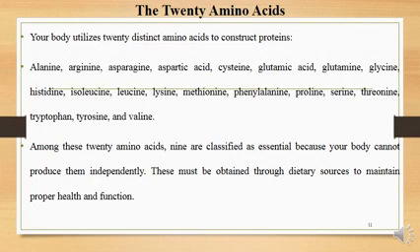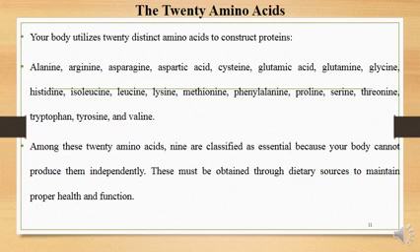We have the 20 amino acids. Your body utilizes 20 distinct amino acids to construct proteins. We have alanine, arginine, aspartic acid, cysteine, glutamic acid, glutamine, glycine, histidine, isoleucine, leucine, lysine, methionine, phenylalanine, proline, serine, threonine, tryptophan, tyrosine, and valine.